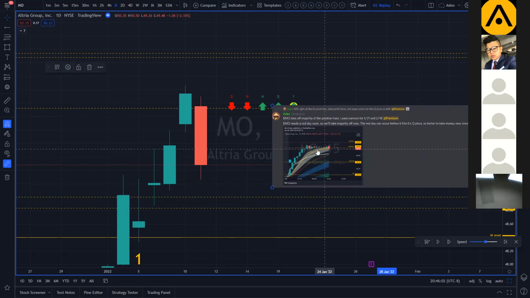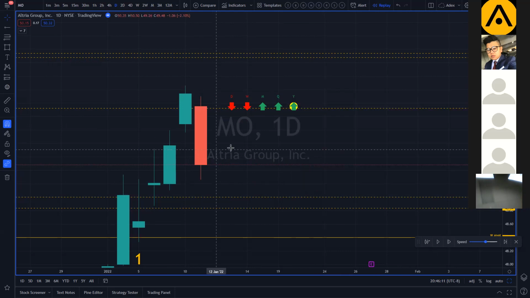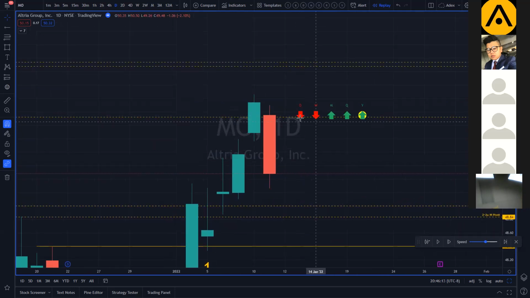Okay, so that doesn't count. But I had said to take off the majority of the position because MO needs a red day soon, but MO did not give us a red day until like 3 days later. So right here, right, it gave us a red day on the monthly pivot.